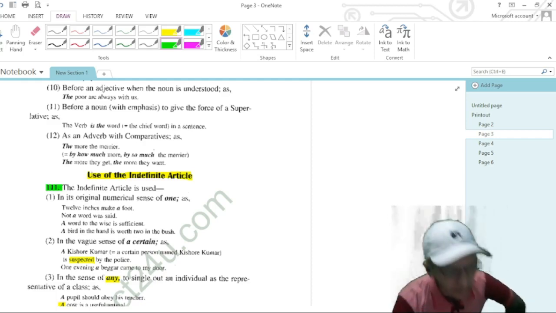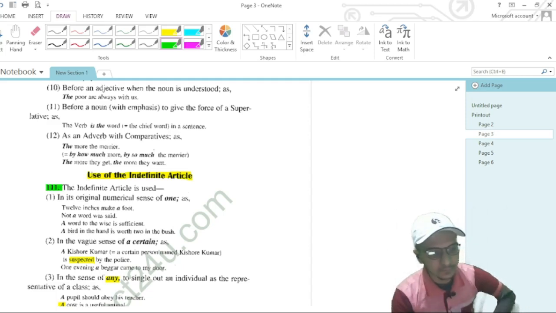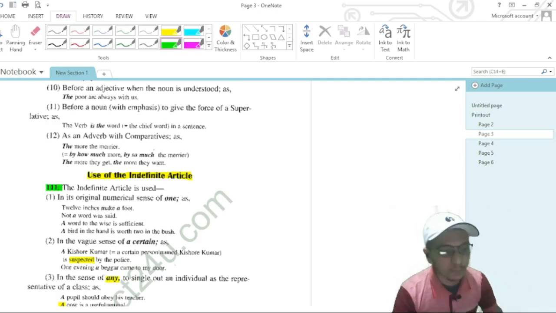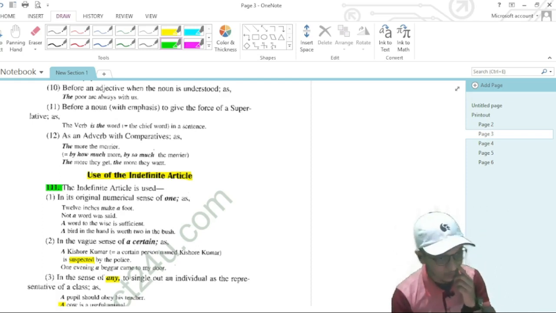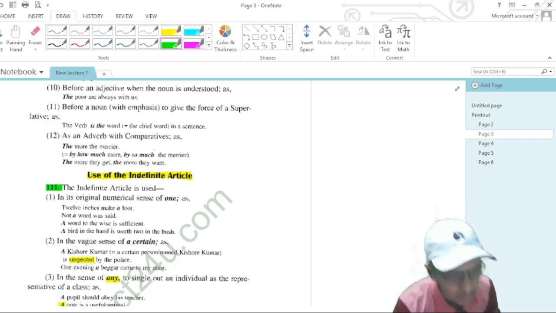Not a word was said. A word to the wise is sufficient. A bird in the hand is worth two in the bush."